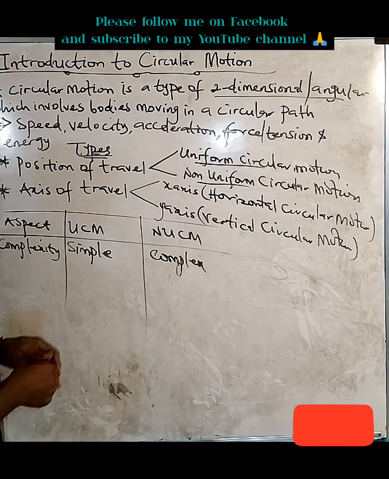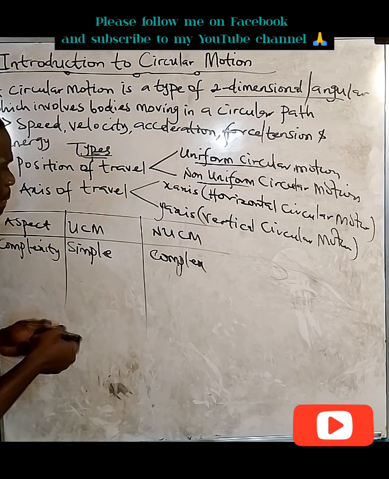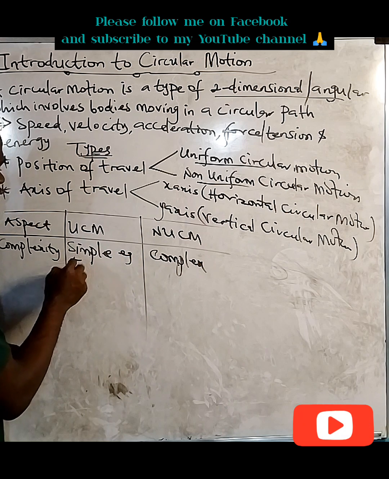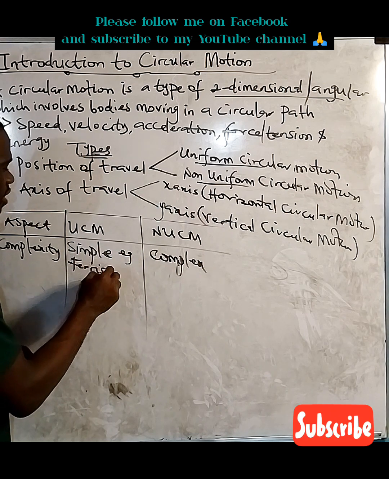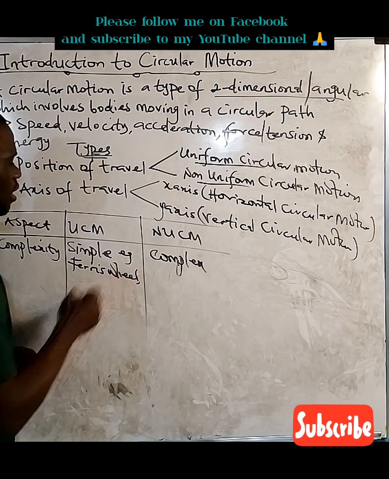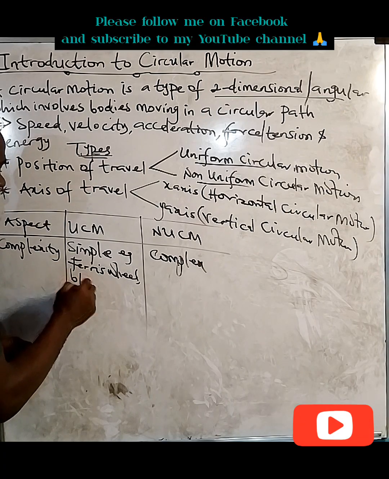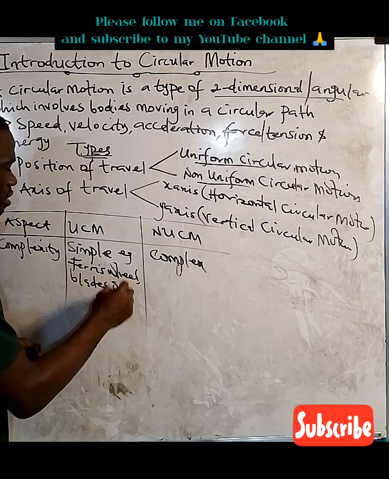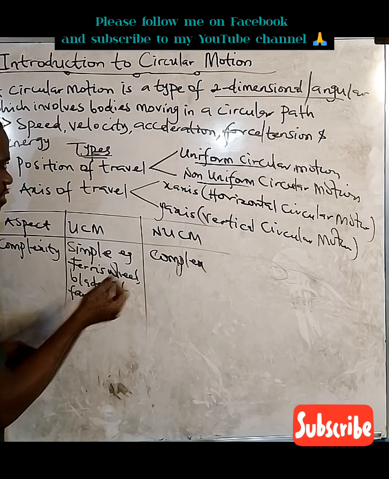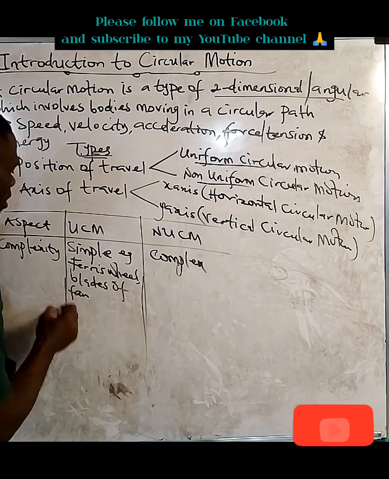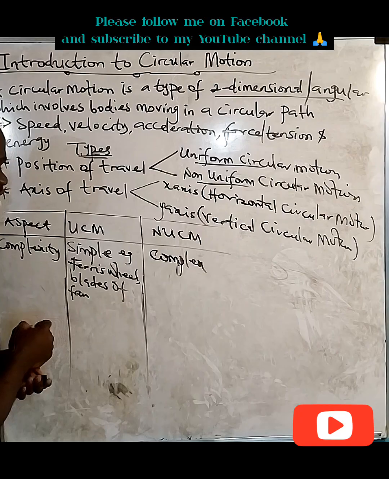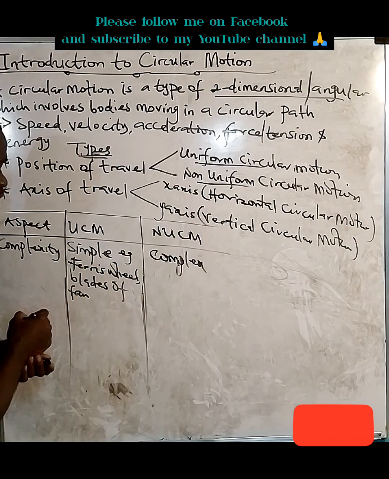So when we talk about simple circular motion, we have examples such as a Ferris wheel, and the blades of a ceiling fan. That gives you an example of how simple uniform circular motion is.